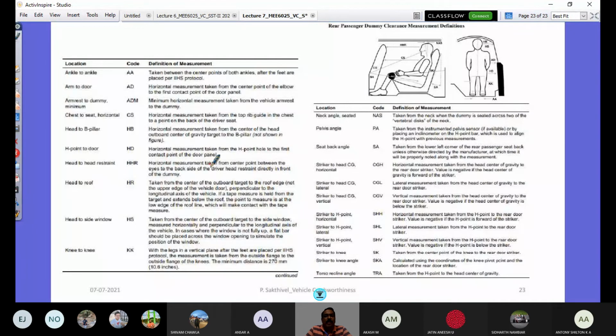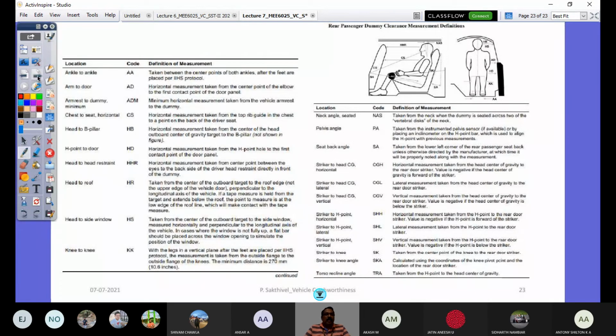Please read through this slide to have an idea of these clearance measurement definitions. A huge number of measurements is going on. To accommodate all this in one period, I just have to give you a glimpse and notes in this fashion. You can spend another hour going through this and reading once, and you would understand better, right?